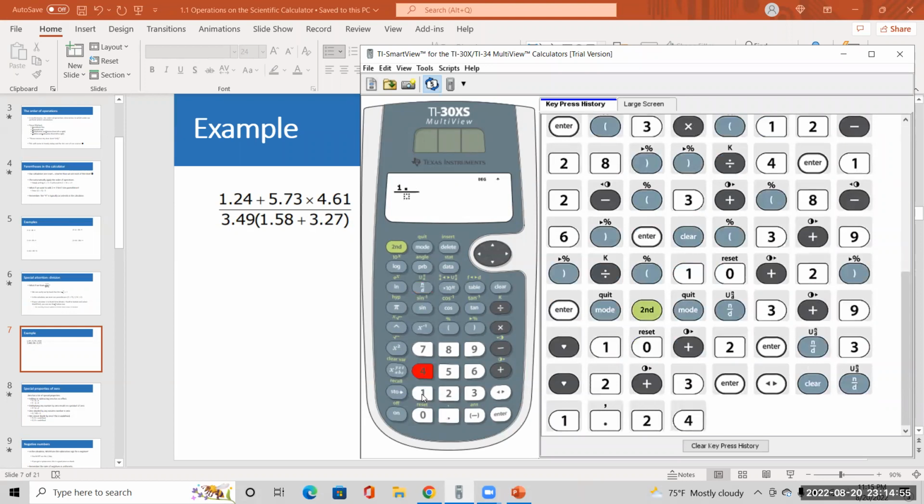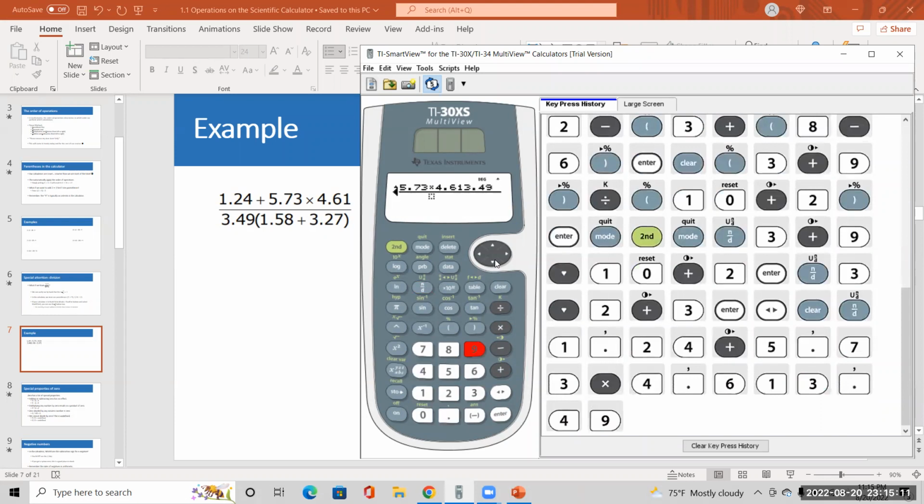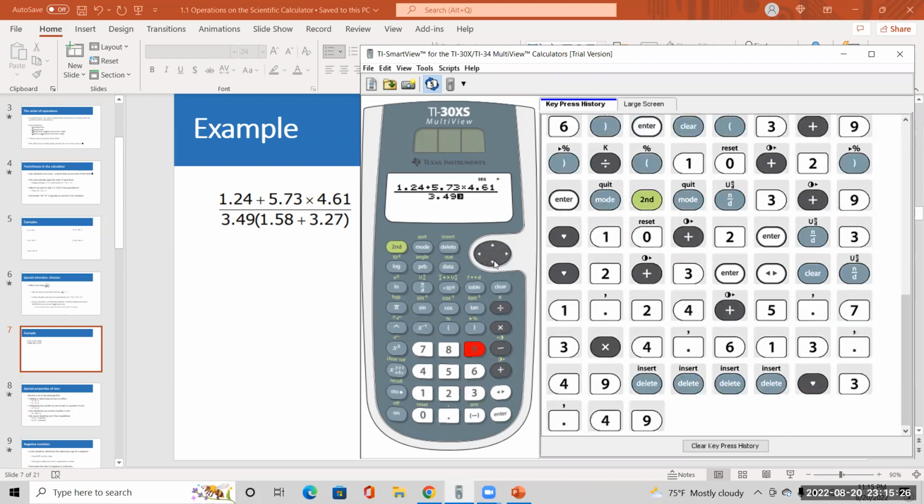And then you're just typing it in once you're in math print. It's going to be 1.24 plus 5.73 times 4.61. And you're going to move to the bottom. And you're going to have 3.49.